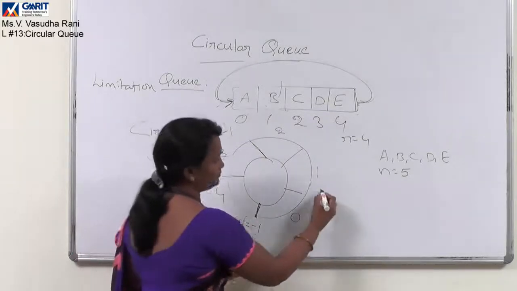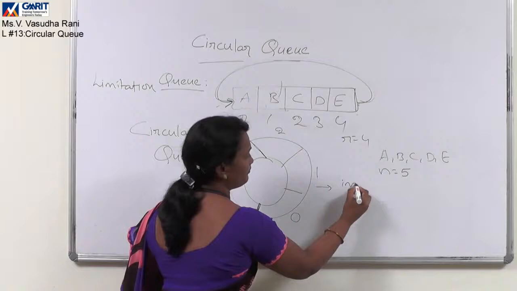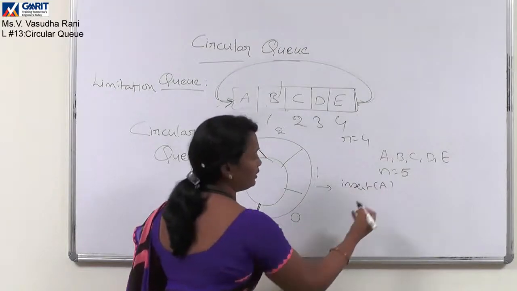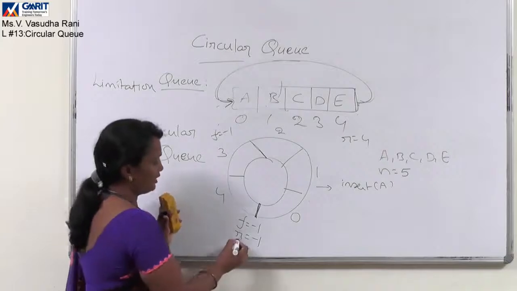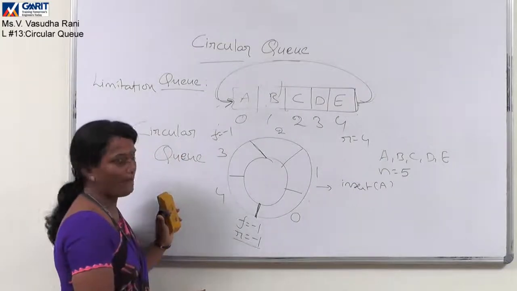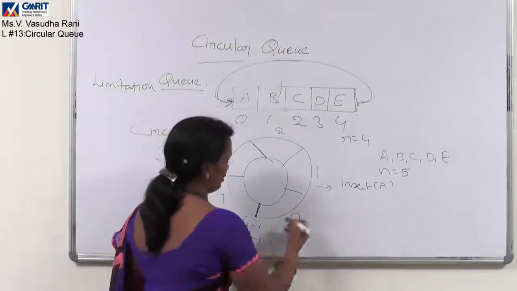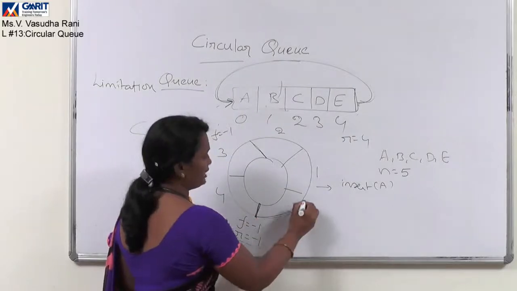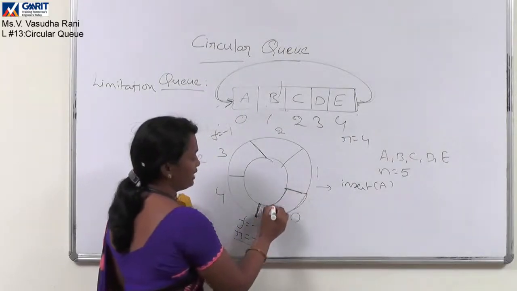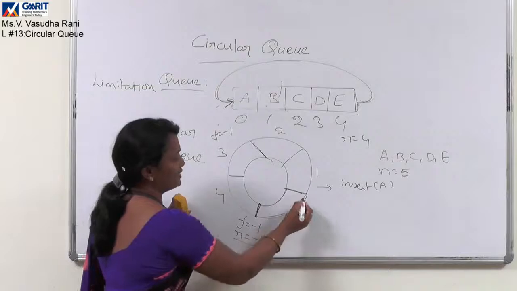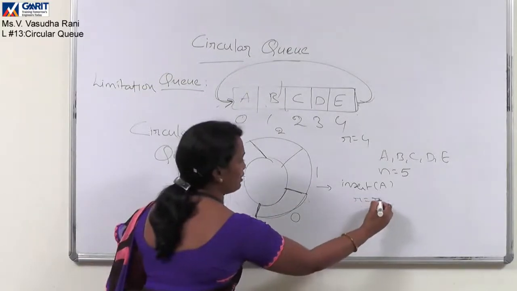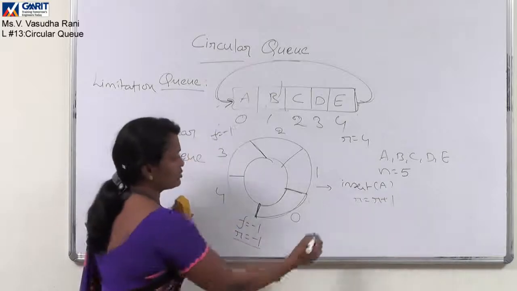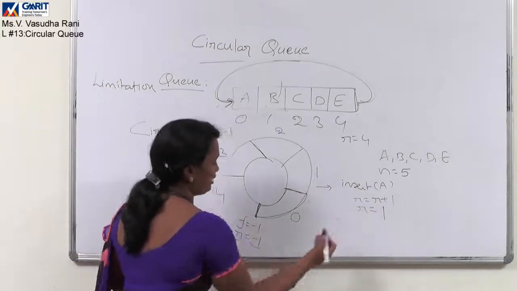Now to insert A into the queue, it goes in the normal fashion only. Our initial rear value is -1, and the first location where we can insert our first item is the 0th location. So you have to make rear equal to rear plus 1, so rear becomes 0.